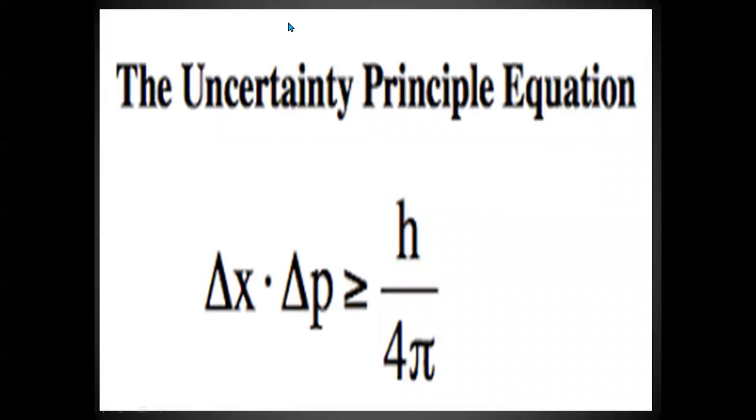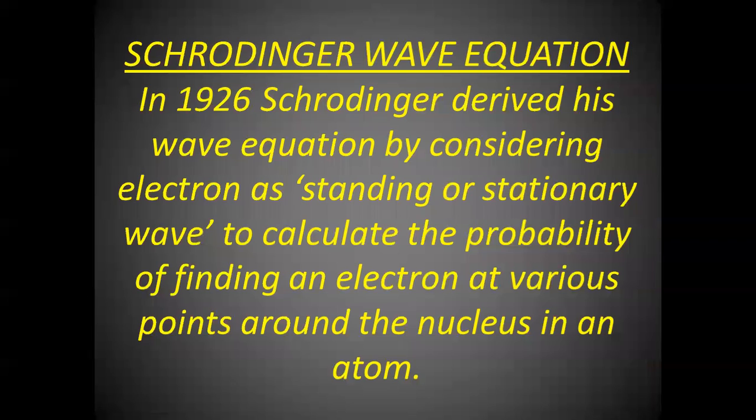So according to Heisenberg's uncertainty principle, we get the equation delta x into delta p is greater than or equal to h by 4 pi. So the product of the uncertainties of finding position and momentum is equal to h by 4 pi or greater.